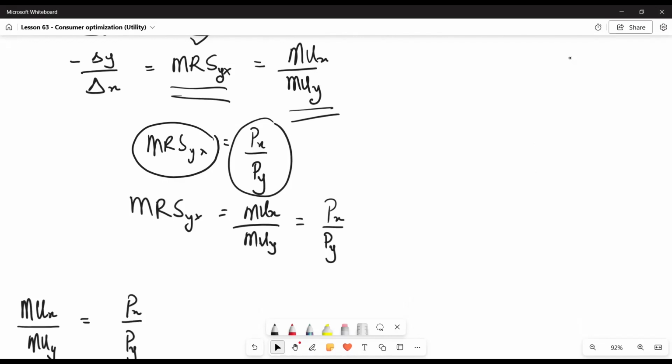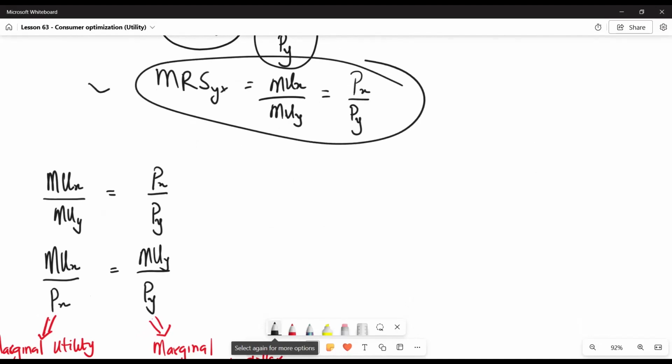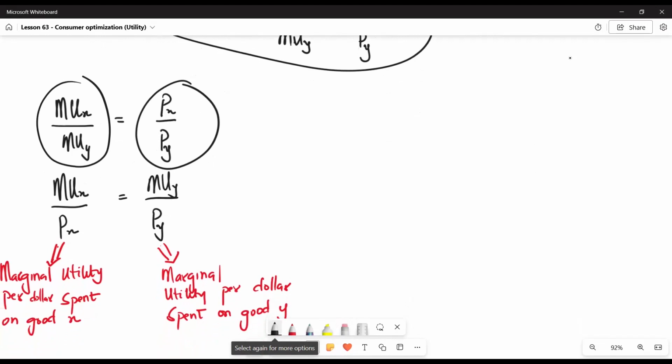One thing to note here is that if we rearrange the equilibrium condition, it will give us a good intuition behind what we have here. We've seen that this equation shows us that the ratio of the utilities is equal to the ratio of the two prices. Now we can simply rewrite this by cross multiplying, and we arrive at MUX divided by PX equals MUY divided by PY.